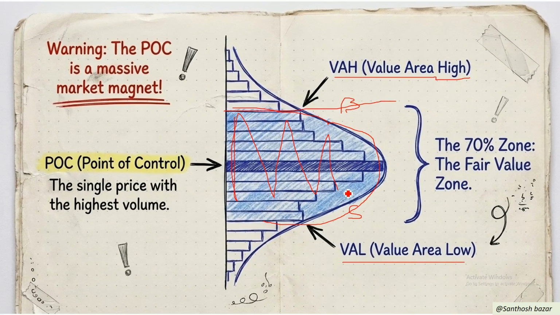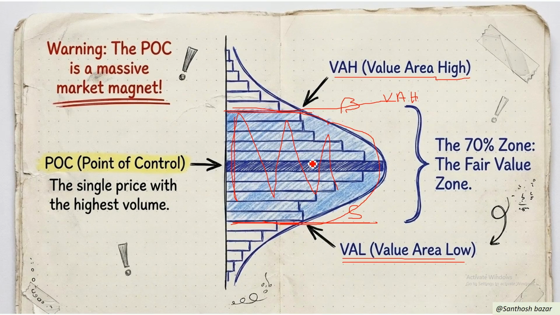This upper boundary is called value area high, and this lower boundary of the value area, highlighted here in blue, is called VAL, value area low. Think of value area high as the expensive edge of fair value, and value area low as the cheapest, discounted edge of fair value, in simple terms.